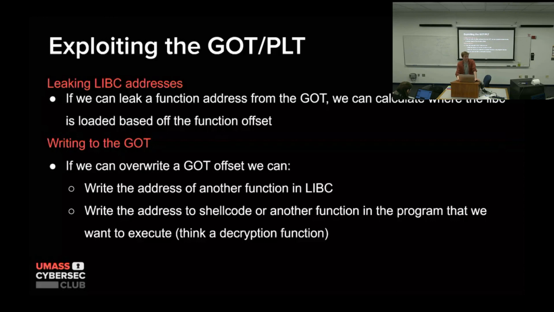We use printf in format string exploits to leak stack memory, and there's no real reason why we can't do that with global offset tables, right? Maybe we can't do stack pointers, but maybe we can do a %s, leak it as a string, and give it the address of the global offset table, right? So that's a way that we can get random memory leaks that aren't stack-based, and this will leak us actual addresses of libc functions, right? And keep in mind, libc is one continuous block.